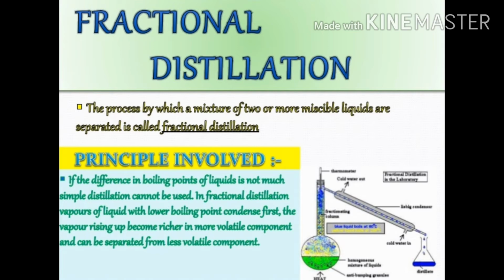In fractional distillation, vapors of the liquid with lower boiling point condense first. The vapors rising up become richer in the more volatile component and can be separated from the less volatile component. So of the two liquids, the low boiling point one condenses first. Next, the high boiling point one condenses.